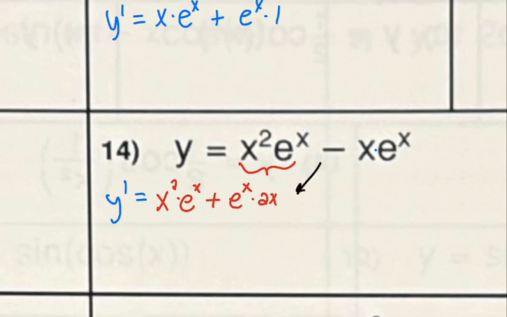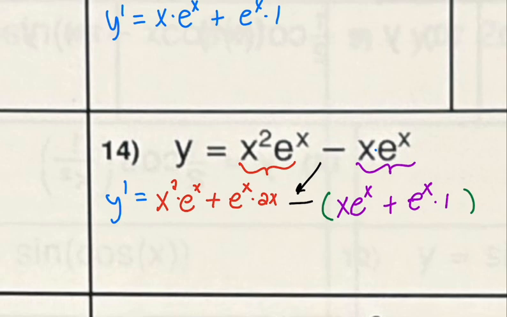The minus comes down. In parentheses, I am going to do the derivative of that. That is a product. First times the derivative of the second plus second times the derivative of the first. Now, there's not much to do to make that prettier.